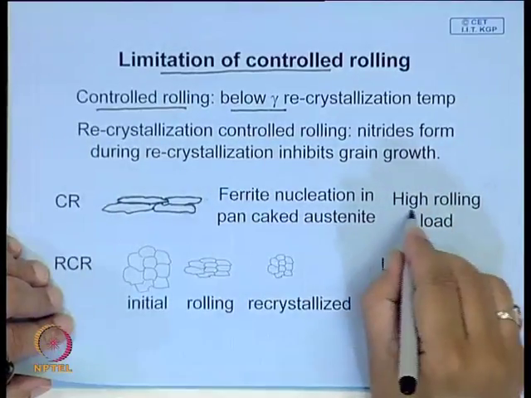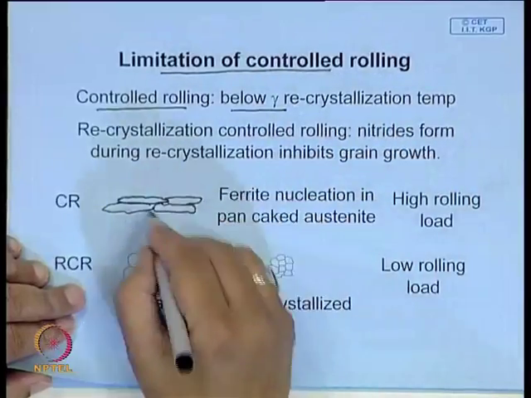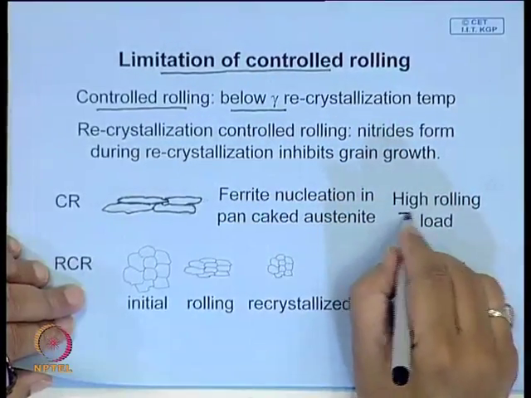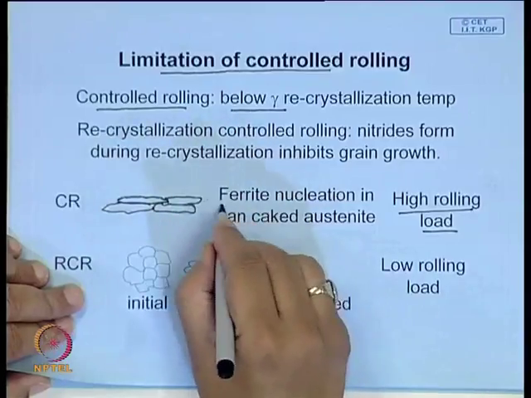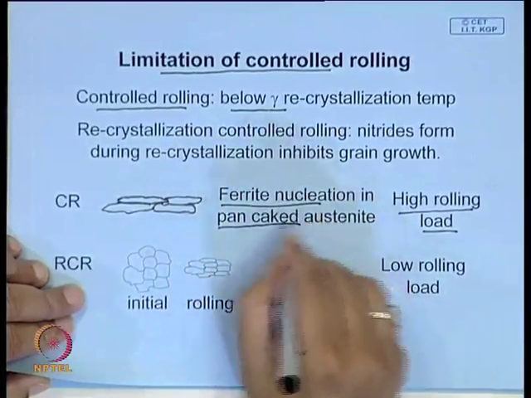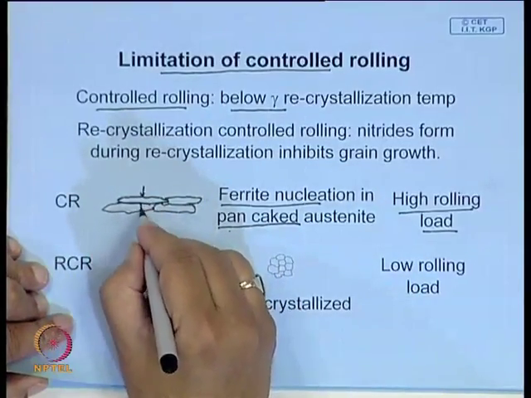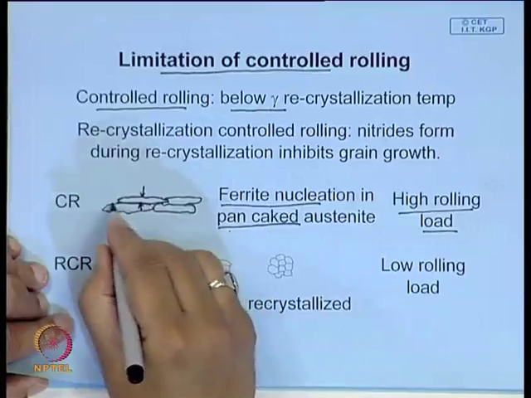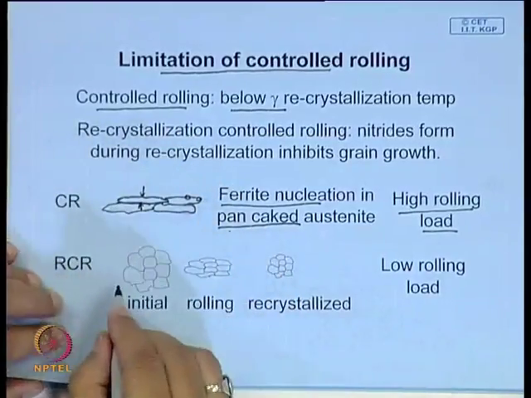If you do not allow it to recrystallize, it will have a high strength, so you need high rolling load. You do get extremely fine ferrite grains, because ferrite nucleates in pancaked austenite, which is very thin and has a very large number of sites for nucleation of ferrite grains. So, this is a major problem.